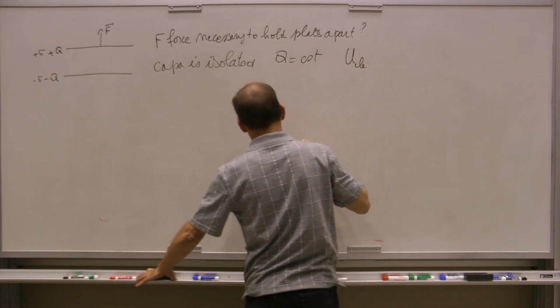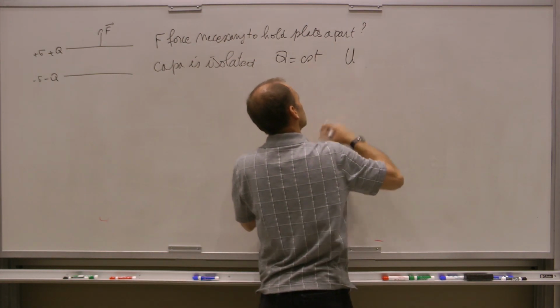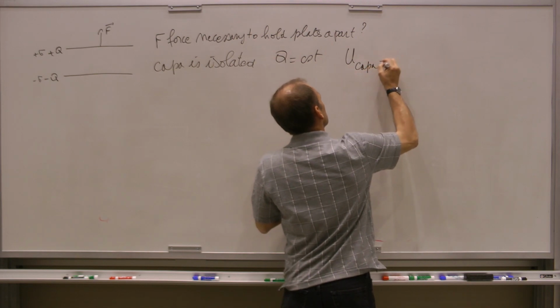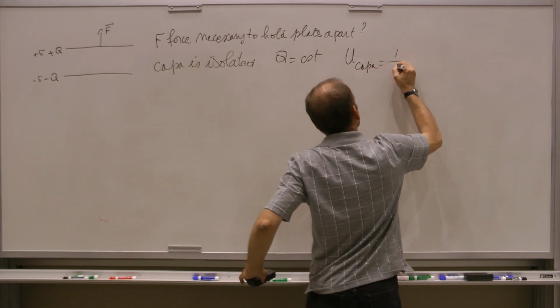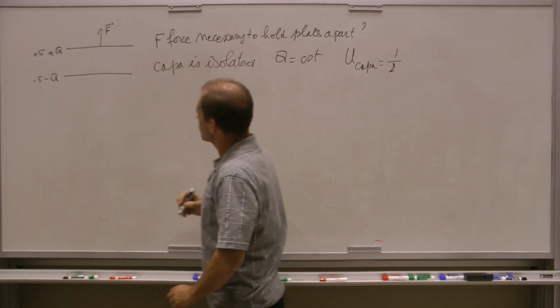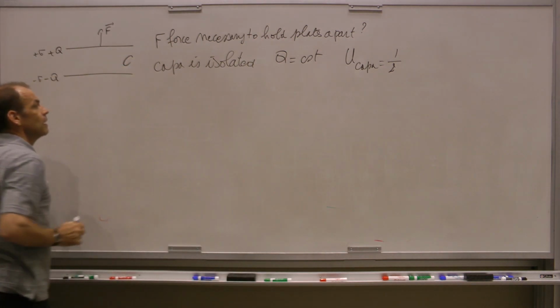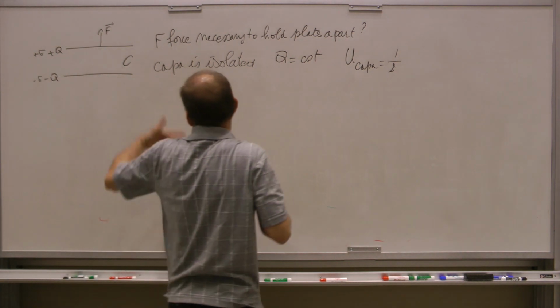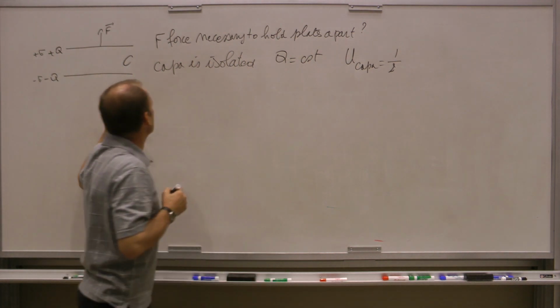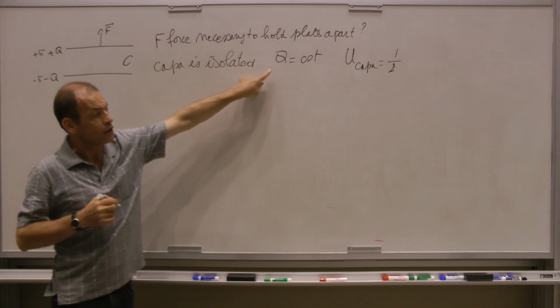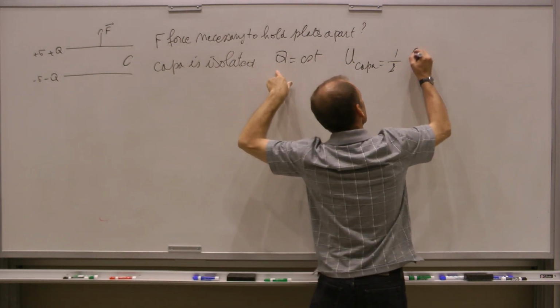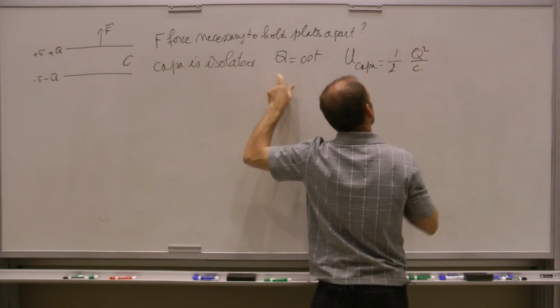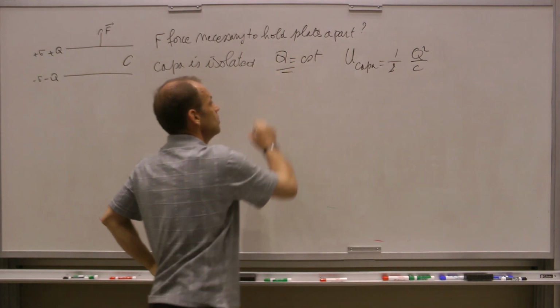Think in terms of a capacitor that has a capacitance of C and is held at a certain potential, but we don't care about the potential, we care about Q because this is what is constant. So we have to use the Q squared over C expression because of Q being constant.